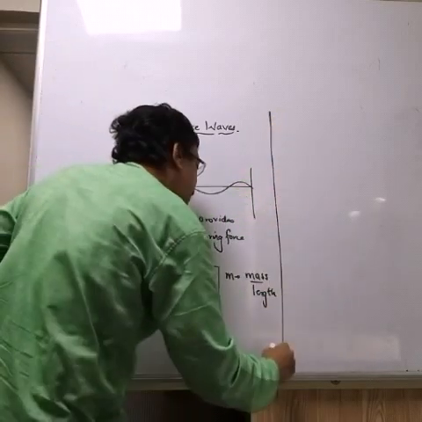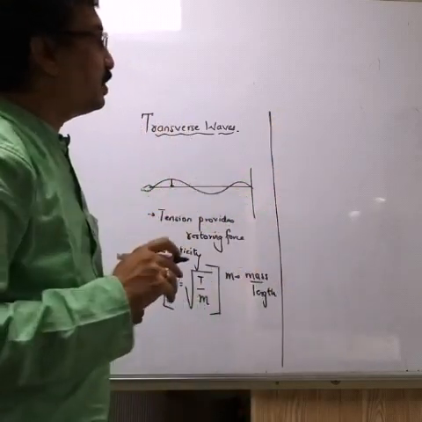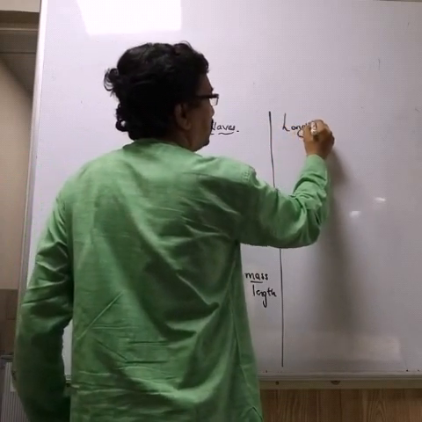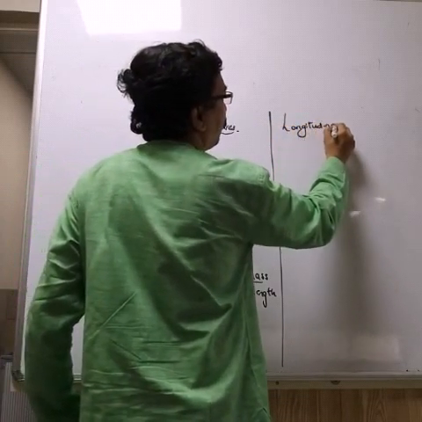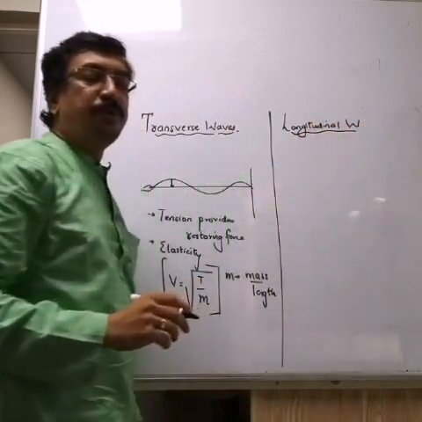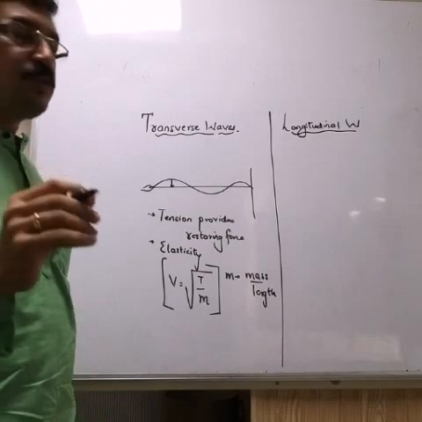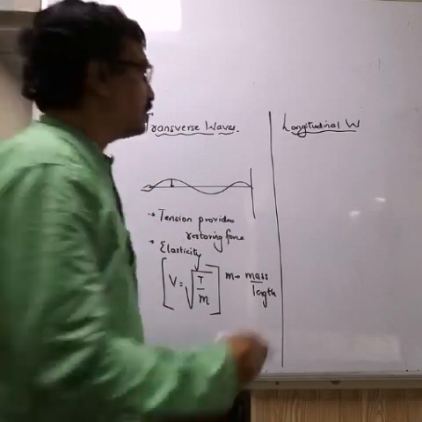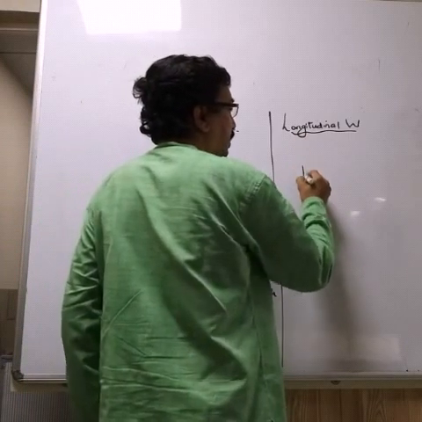On a similar basis, let us understand the velocity of longitudinal waves. As I earlier told you, longitudinal waves consist of alternate compressions and rarefactions.